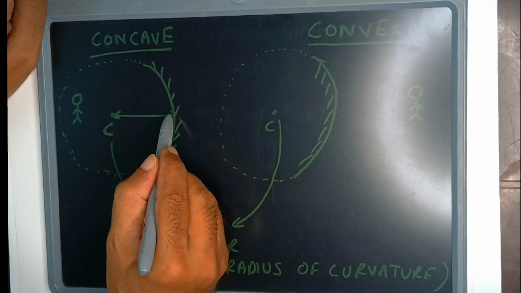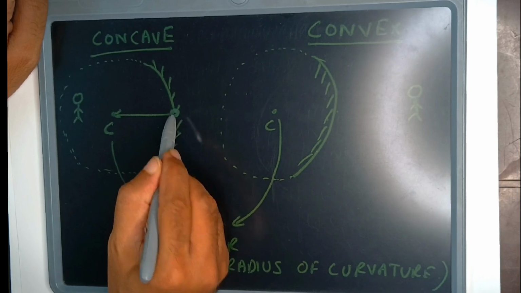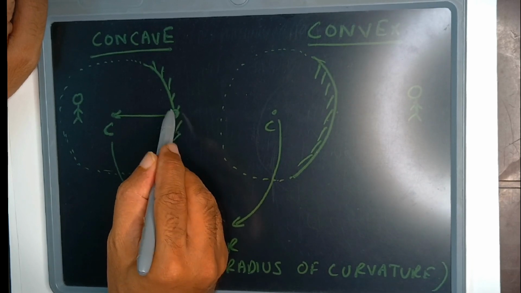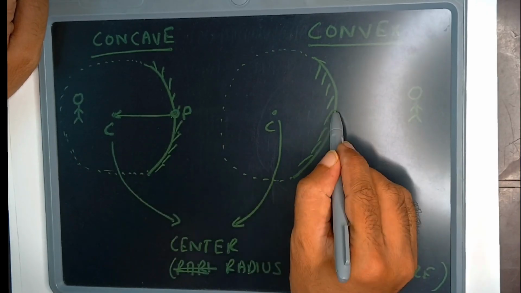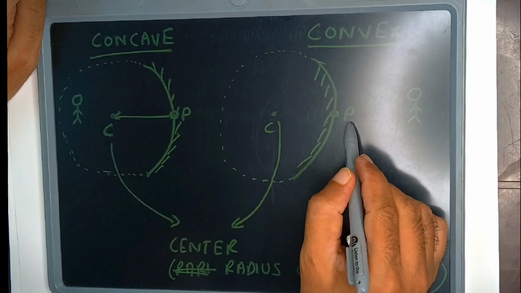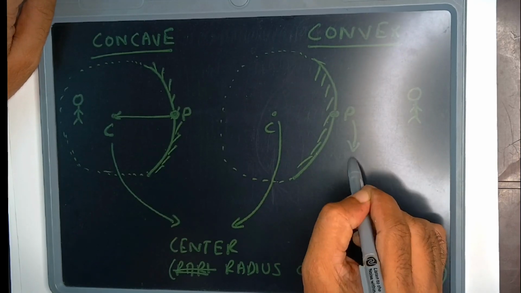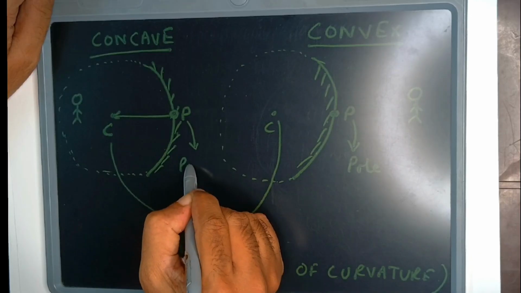From the center to the surface here, which is called the pole. This center here of the mirror is called the pole, denoted by P. Or is it pole? It's called pole.